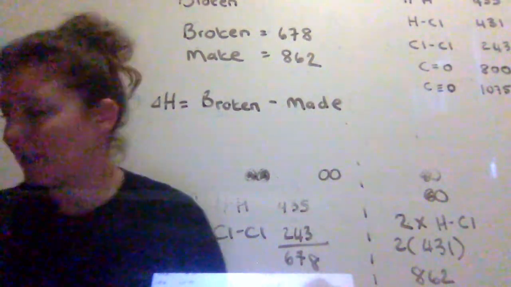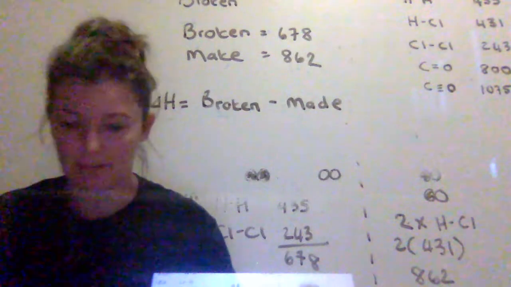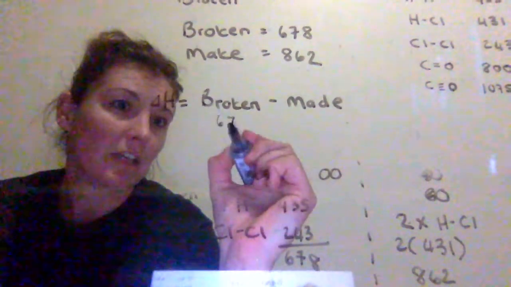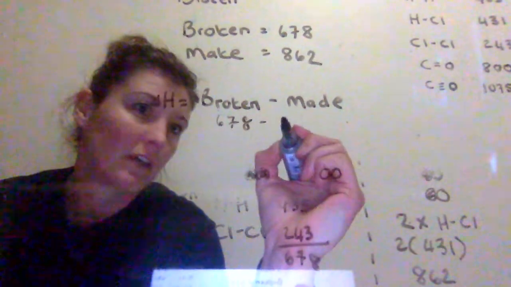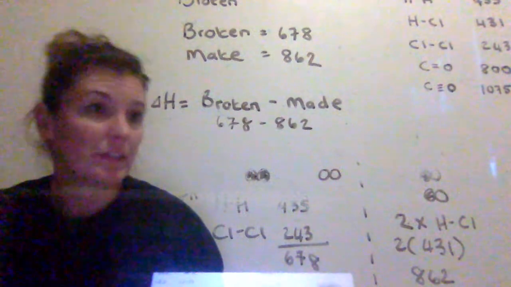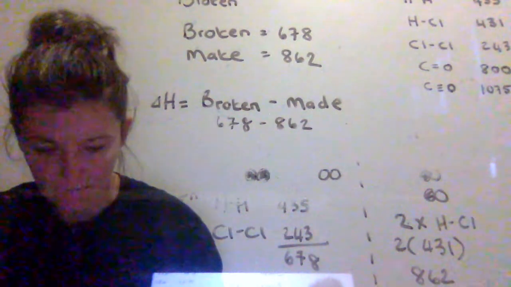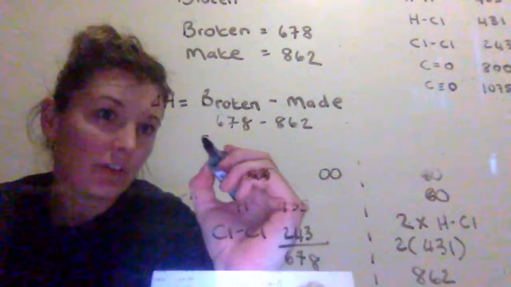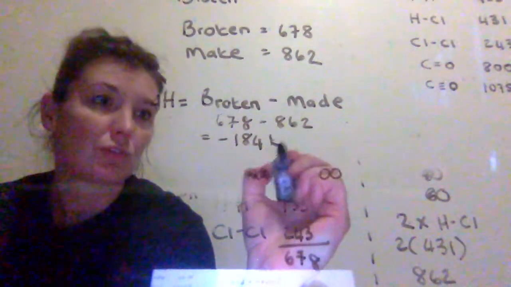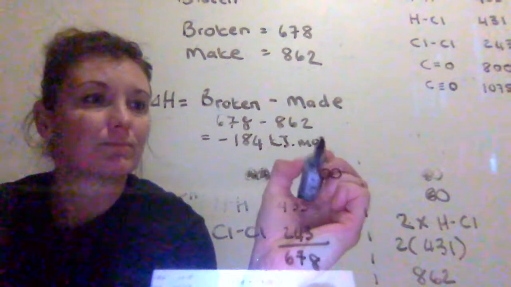So when we look at that, let me just get my calculator. Broken is going to be 678 minus 862. And that will give you minus 184 kilojoules per mole.